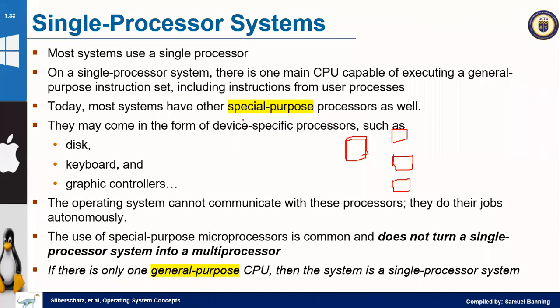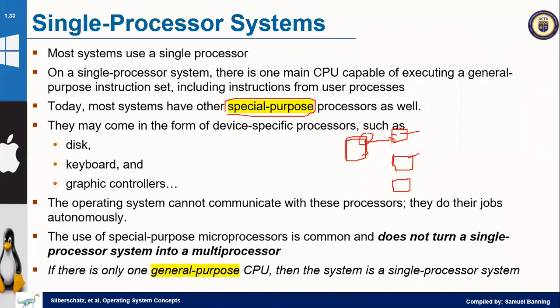So even though there is one general purpose CPU, there are other special purpose processors that can sometimes take the burden of the main CPU. So for example, this is the keyboard special purpose processor. If there's any keyboard processing, the CPU will relegate that to the keyboard processor.